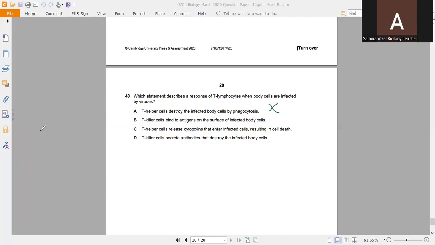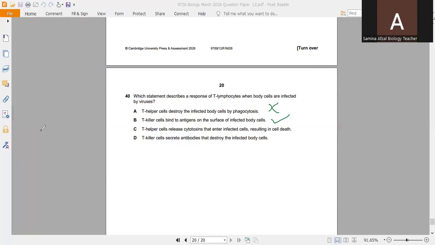T killer cells bind to antigens on the surface of the infected body cells. So this is correct. Because when a body cell is infected by a virus, it processes the viral proteins and presents viral fragments on its surface. So T killer cells recognize and bind to these specific antigens using their T cell receptors.